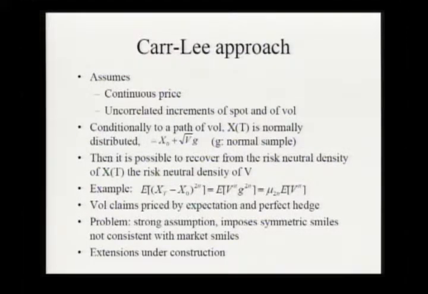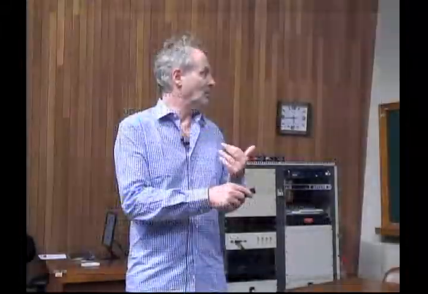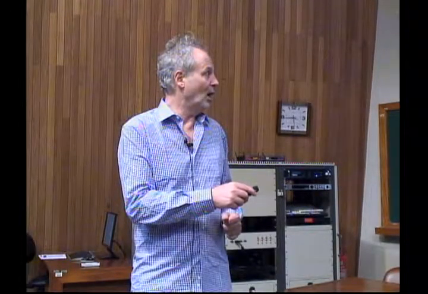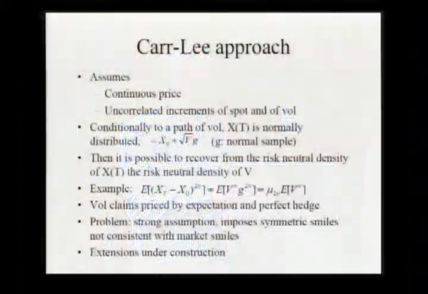And so after, if you manage to invert this relationship, you will be able, hypothetically, to read from the skew you had on the underlying to compute the distribution of the variance. But let's say it's interesting, but really we cannot justify the assumption of independence. It's not the way the market works.